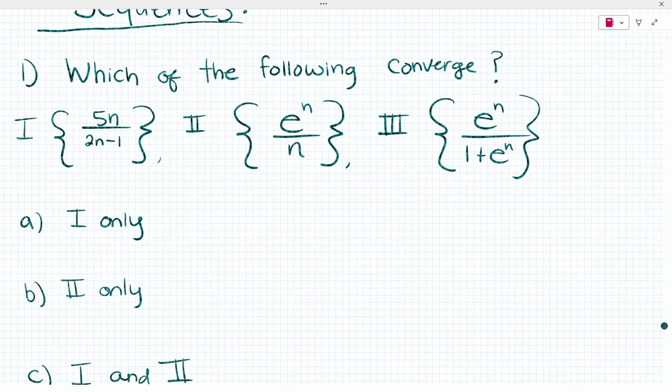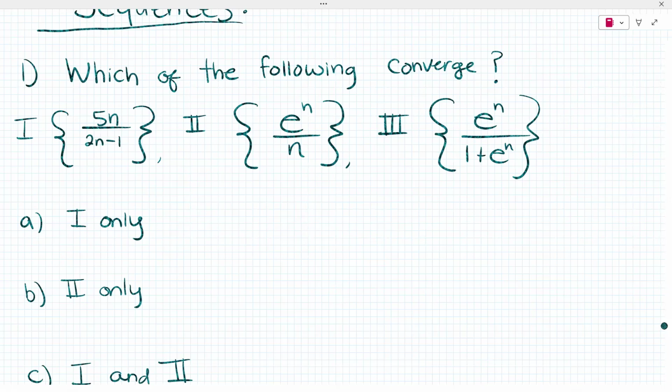For sequences, there's only one test: you can try plugging in infinity for n, and see if you get a finite number.